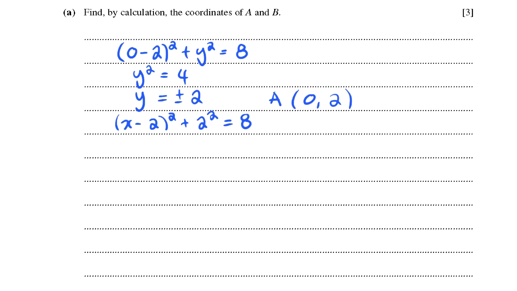So we have x minus 2 is equal to plus or minus the square root of 4, which is plus or minus 2. So x is going to equal negative 2 plus 2, which is 0. We already know that. Or x is going to equal positive 2 plus 2, which is 4. Right, that tells us that the coordinates of B are going to be 4, 2.